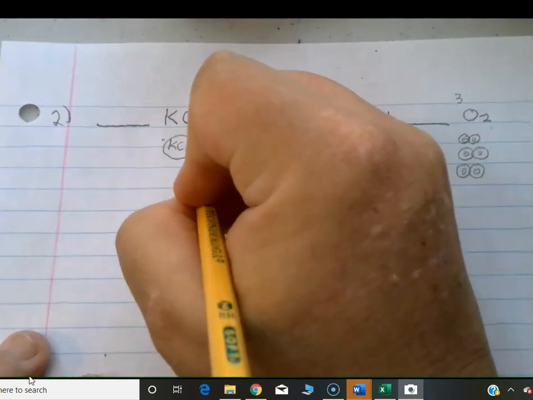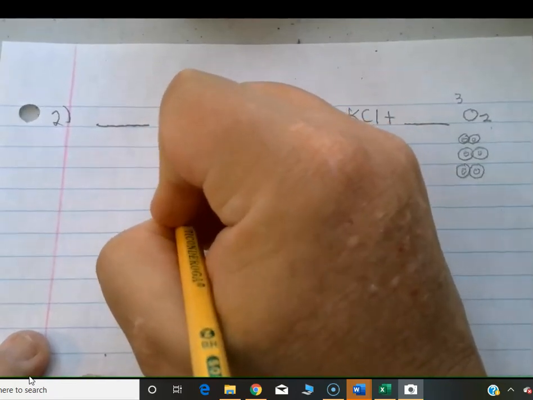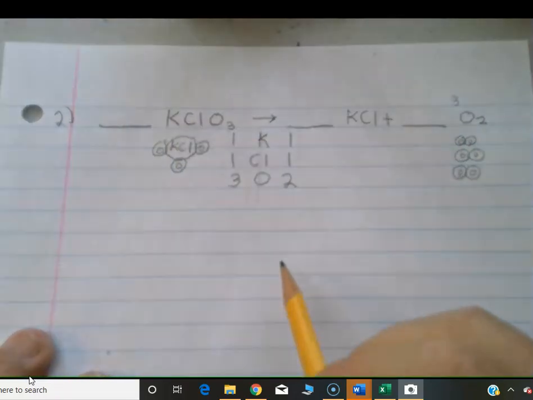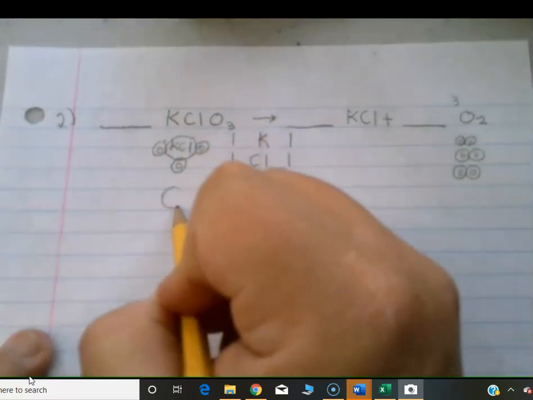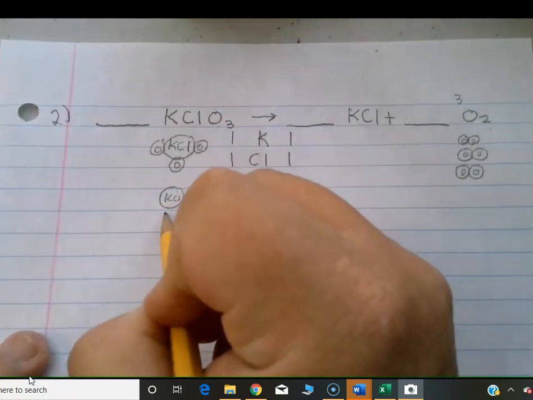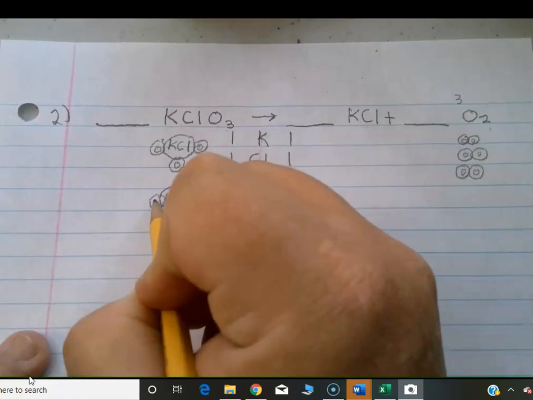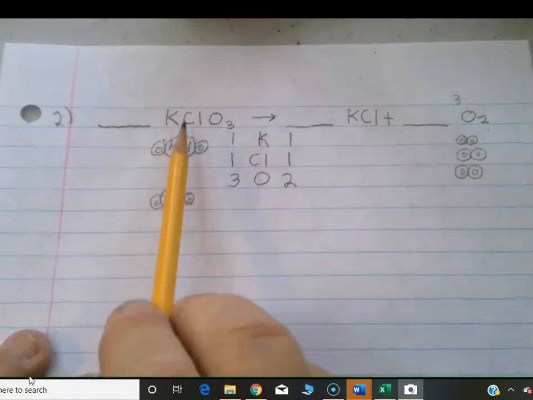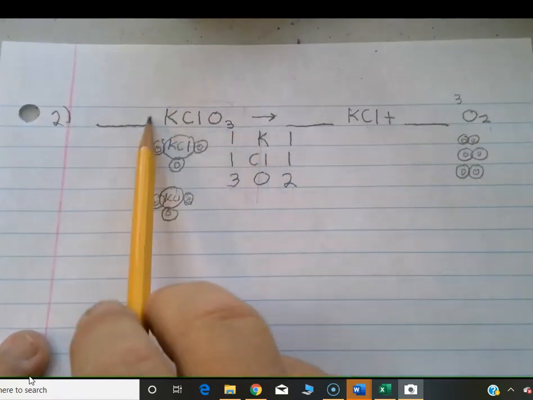I've got 3 oxygens like that. Just going to put the KCl together. Okay, and if I want to get to 6, I need to do another one of these. So now I have 6 and 6. So I needed 2 of these entire compounds.